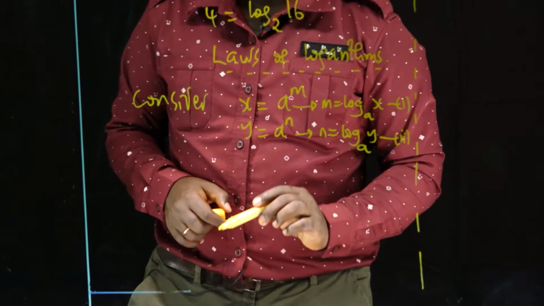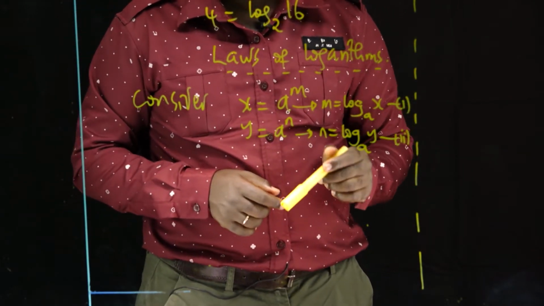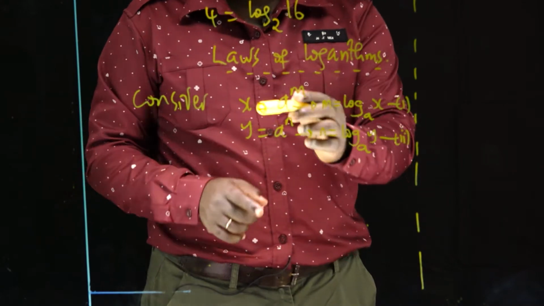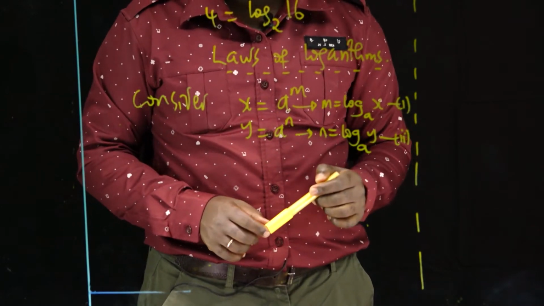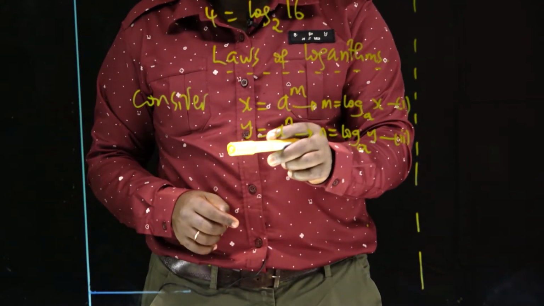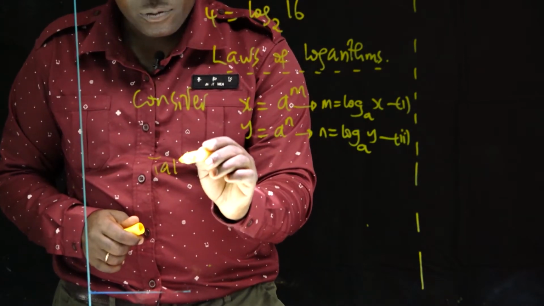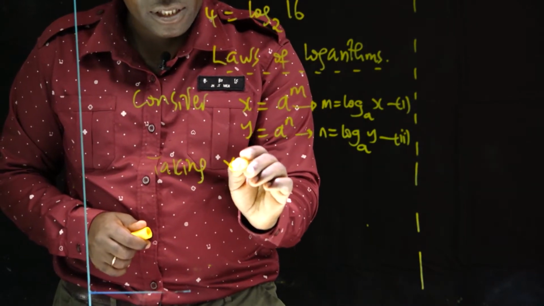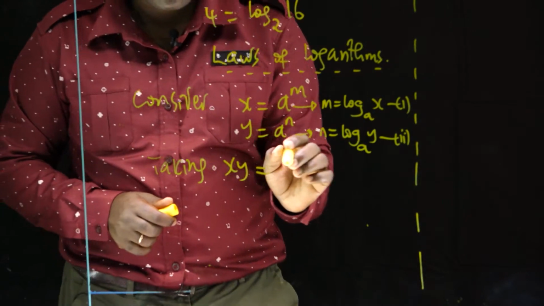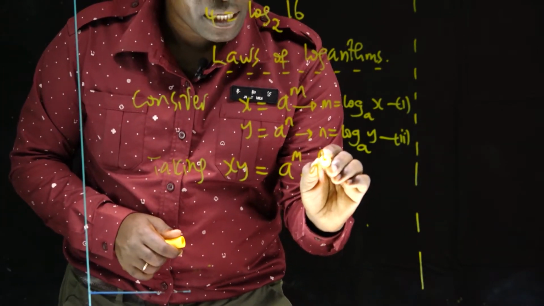Now class, when we are given x and y as expressed here, what could happen if you take x times y? We know that the value of x is a power m and the value of y is a power n, so taking x times y is the same as taking a power m times a power n. You know why?